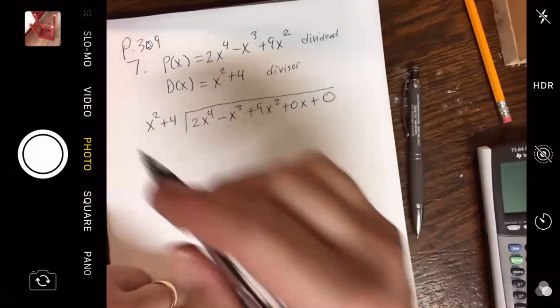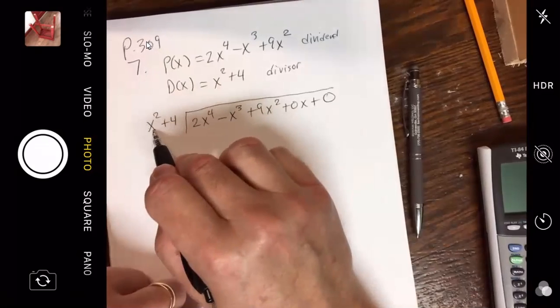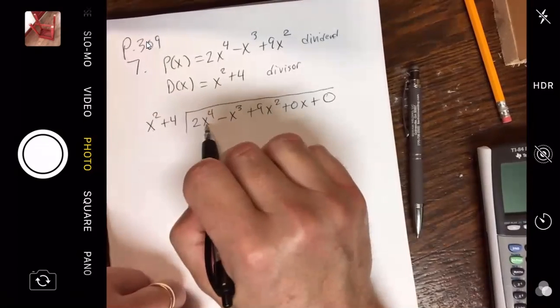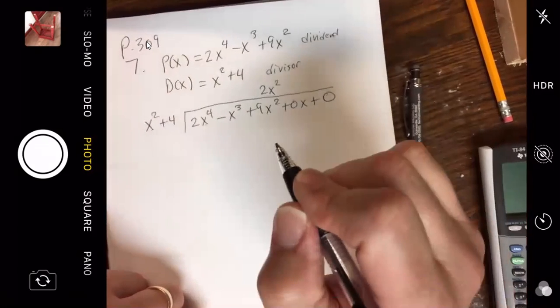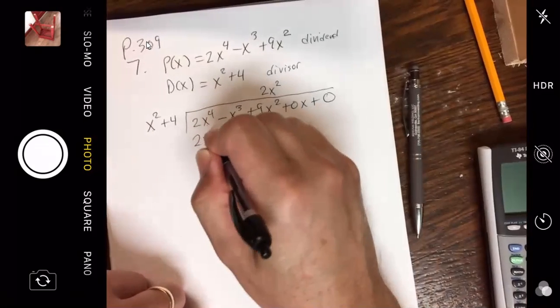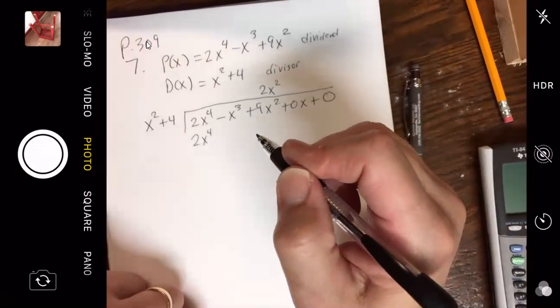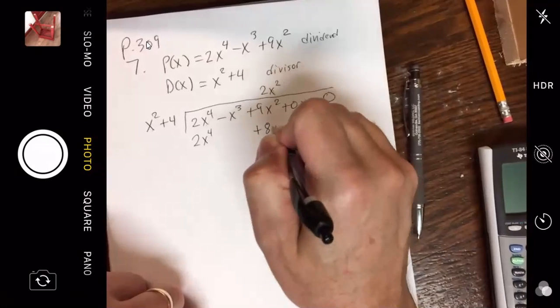If I was missing the x cubed, I'd have stuck a 0x cubed here. All right, again, x squared. You start the game by asking this piece times what would give me this piece. Apparently a 2x squared. 2x squared times x squared is 2x to the fourth. Multiply again by that, you'd get an 8x squared. Again, line up your pieces.